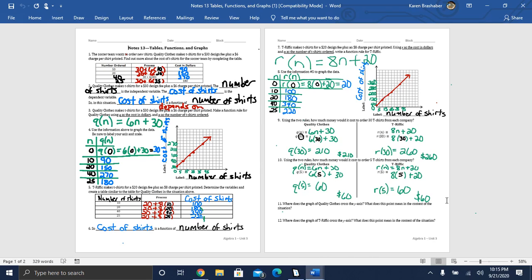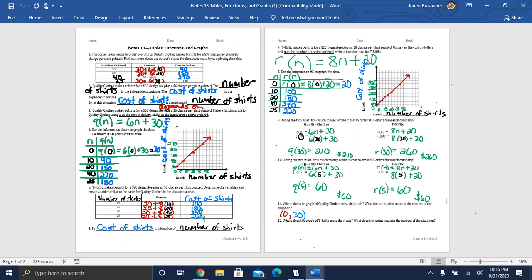So number 11 asks you, where does the graph of quality clothes cross the y-axis? So that's on the front page, and you'll see that we use that as our starting value. So that was when we had the ordered pairs 0 and a cost. And the cost on the front page, when your X was a 0, or when your number of shirts was a 0, was 30. So we had 0, 30.